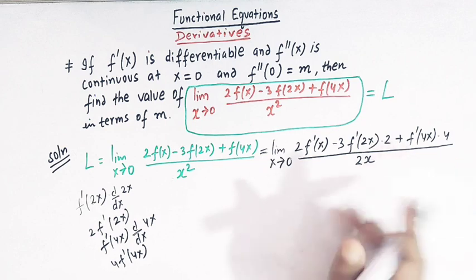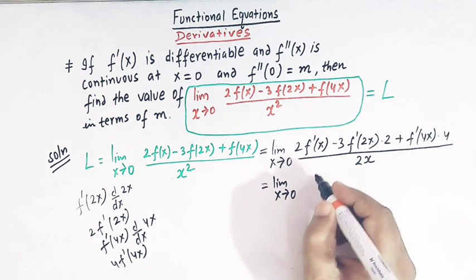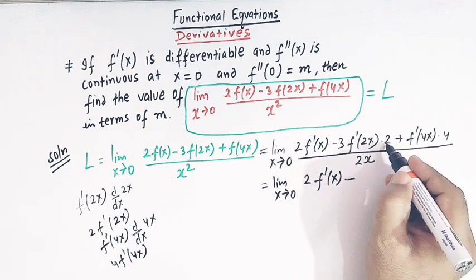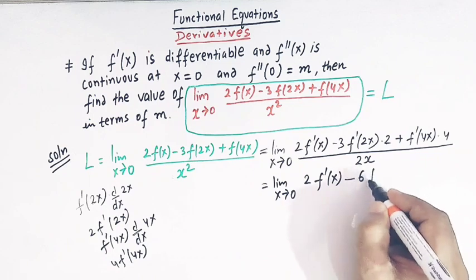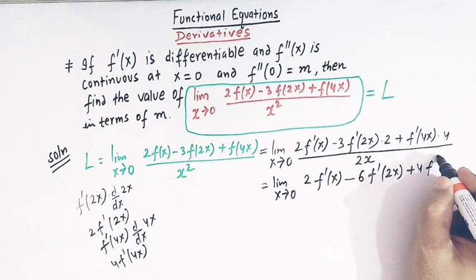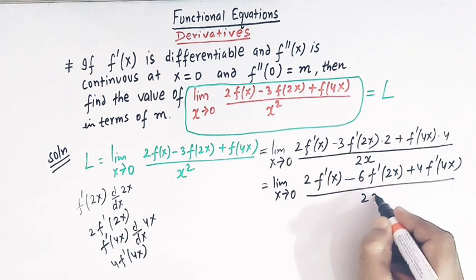Okay, so now we have this expression, limit x tends to 0. We have 2 times f prime of x minus, this is 2 3s are 6, so we have f prime of 2x, and here we have 4 times f prime of 4x divided by 2x, right?